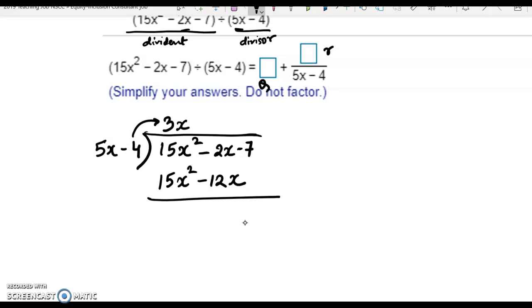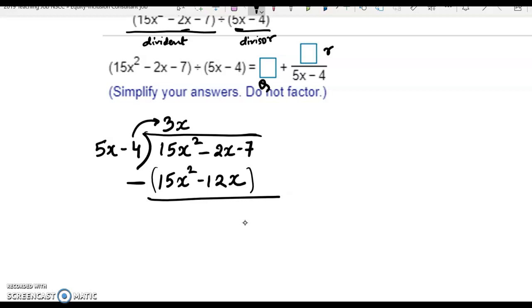Now, because we are going to subtract it, this minus sign shows up. 15x squared minus 15x squared is 0, so don't even bother writing it. This minus sign multiplied by this minus sign will change it into a positive sign. What did I do? There was a negative here, and I'm subtracting this whole term.